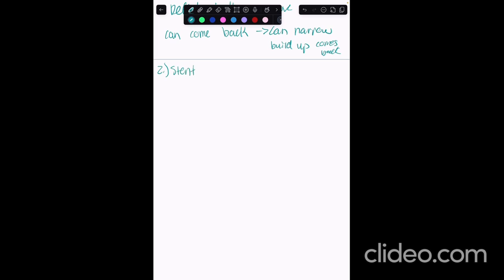So what a stent essentially is, it's an angioplasty made advanced. So it still uses a balloon, but now there is this coil on the end of it. So it's like a balloon wrapped in a coil.